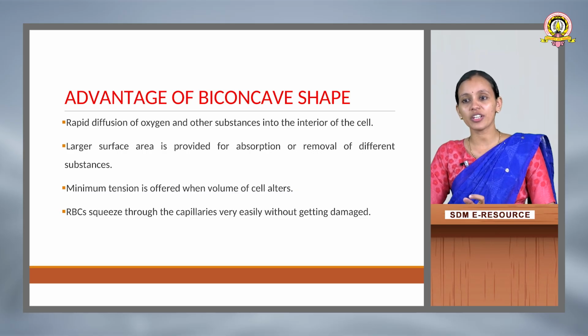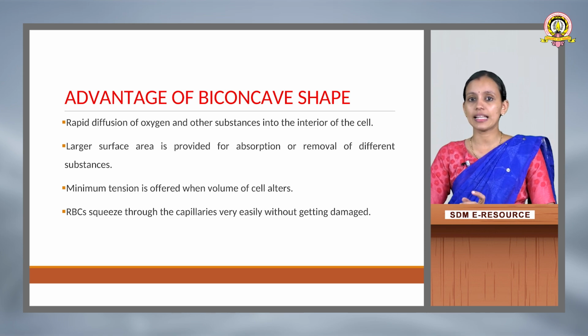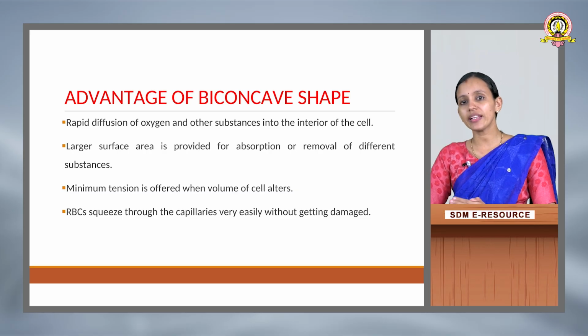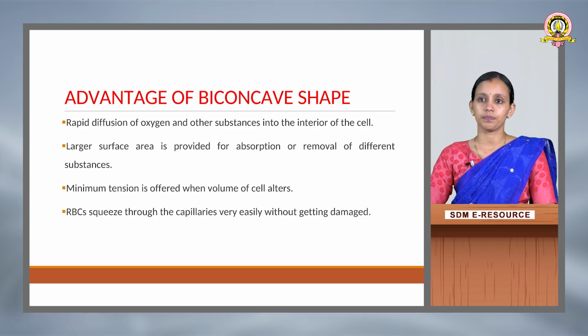Also, minimum tension is offered when the volume of the cell alters. RBCs squeeze through the capillaries very easily without getting damaged. These are the main advantages of the biconcave shape of RBCs.